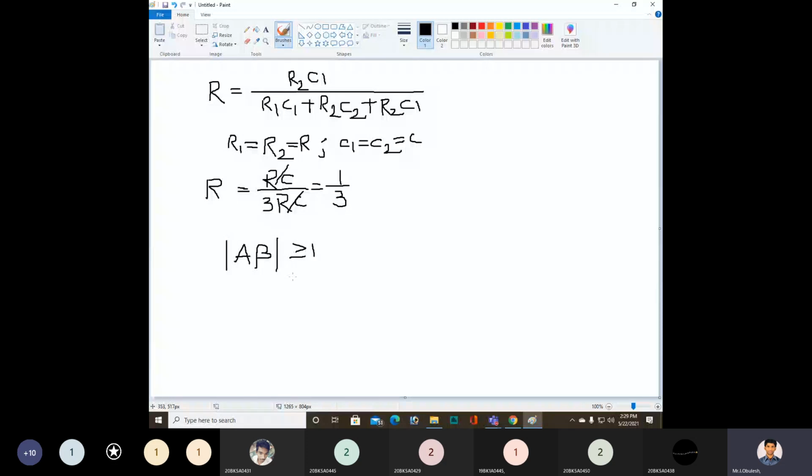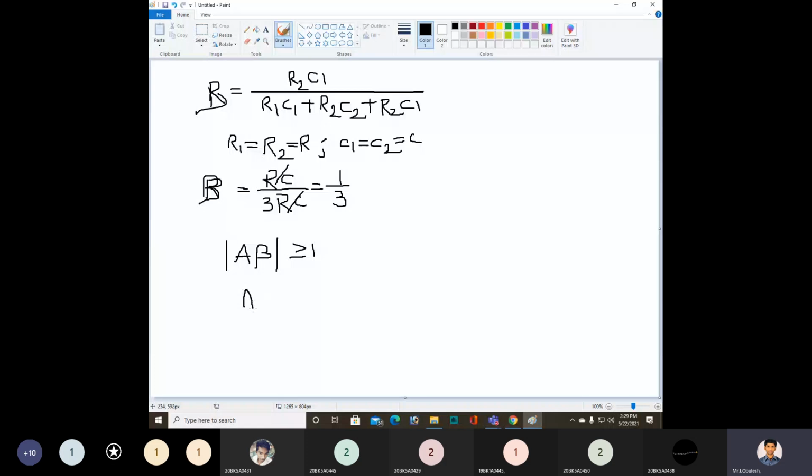Sorry, not the R value. This is the beta value. So mod A beta is greater than or equal to 1.